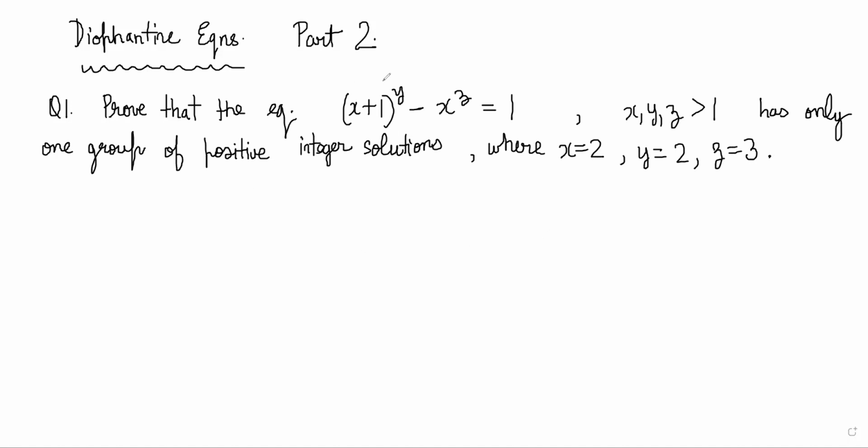Basically, we have to show that this equation has only one solution. x should be 2, y should be 2, and z should be 3, right?